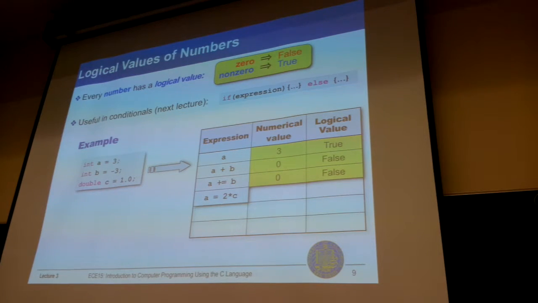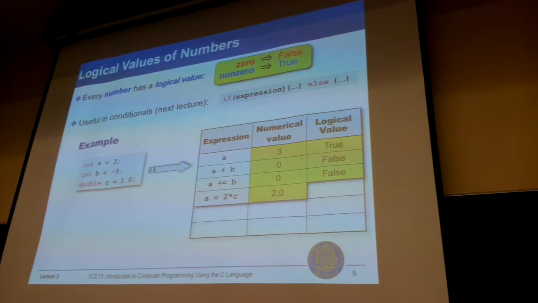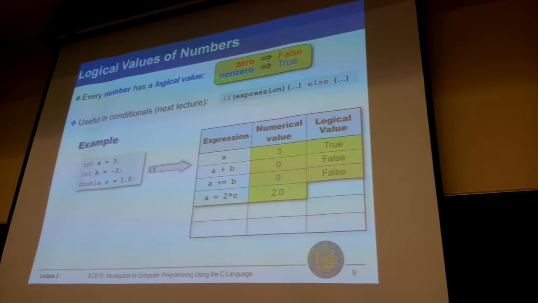A equals 2 times C, which is 2.0. And if you guys want to click in and let me know what you think the logical value is. And see, there's still a little bit of confusion about this, right? 2 is obviously a non-zero number, so this is going to get evaluated to true.